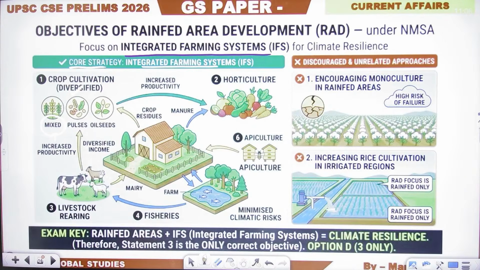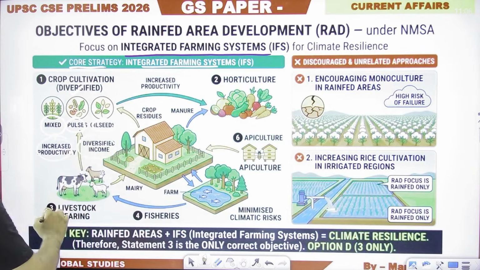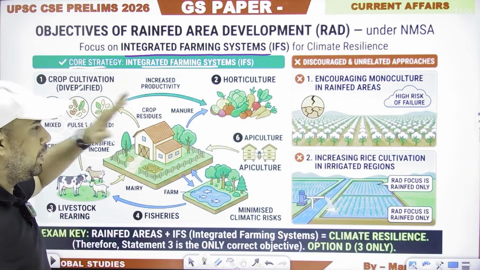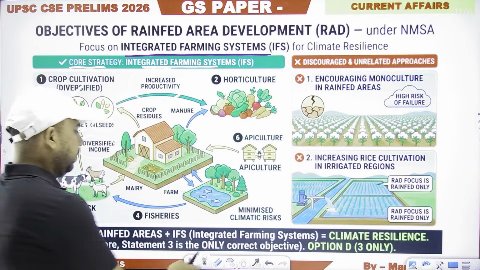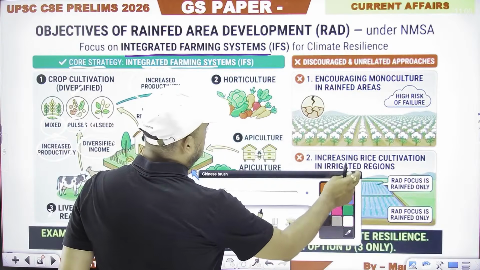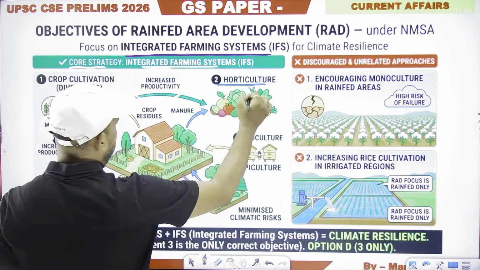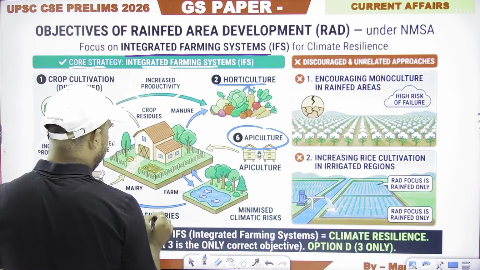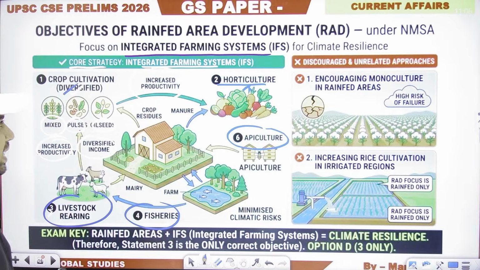They don't promote monoculture, but pulses, oilseeds, increased productivity, diversified income, livestock rearing, fishing. The main purpose is to increase productivity, and they use crop residue for manure, as well as horticulture, apiculture, fisheries, livestock, and crop cultivation. So combinedly they are working on it.